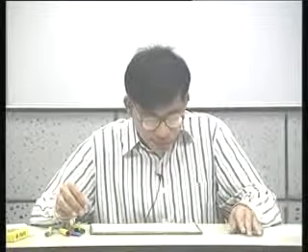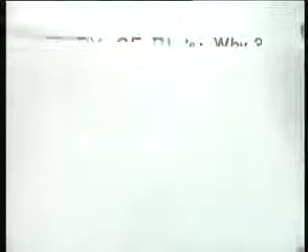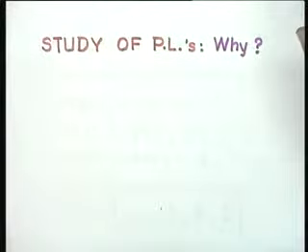So we could look at even the machine language as a programming language, but we are not really interested in a machine language because it's a very simple sort of language.